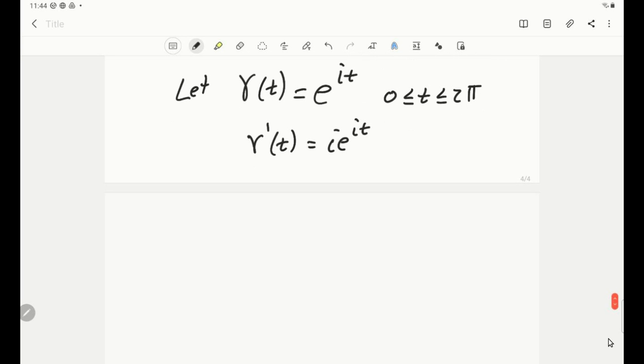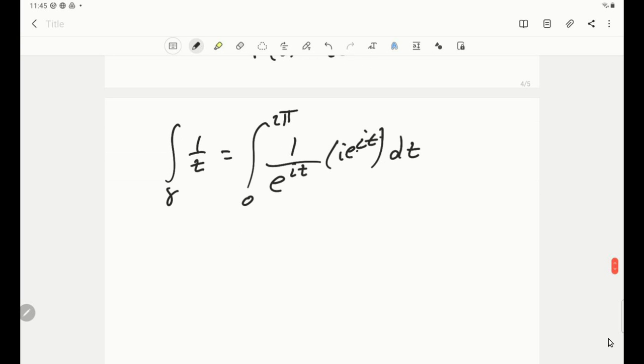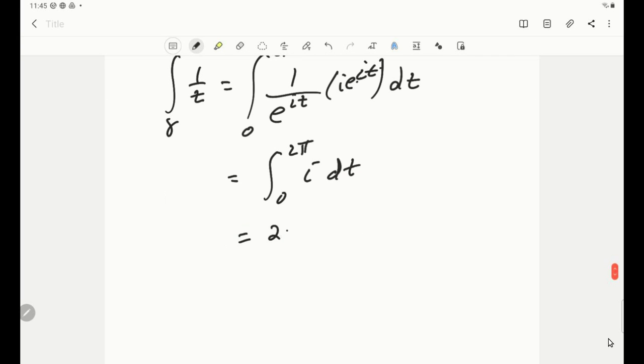And let's set up that integral. So we do the integral over gamma of 1 over z. Well, that is the integral from 0 to 2 pi of 1 over e to the it times i e to the it dt. And so the exponentials cancel, and we get the integral from 0 to 2 pi of i dt. And that is 2 pi i, not 0.